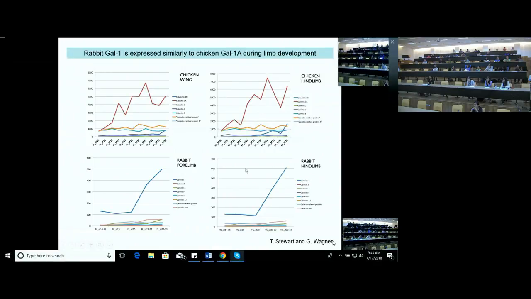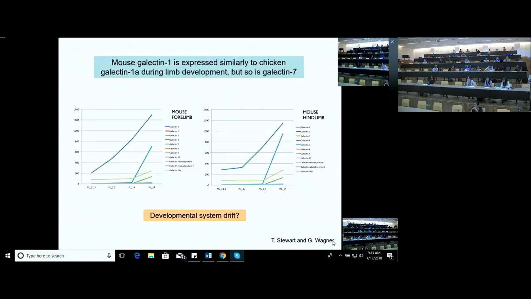But we also found out around this time that if you knock out galectin-1 in the mouse, the limbs develop normally. Is there something different about the mouse? We find that in the mouse forelimb and hind limb, not only is galectin-1 upregulated, but galectin-7, which is a very similar protein to galectin-1, is also upregulated.